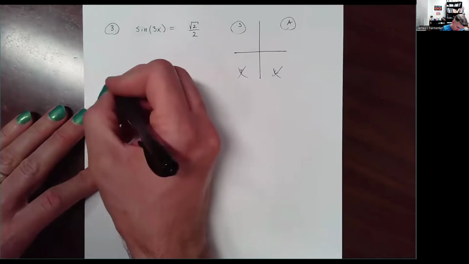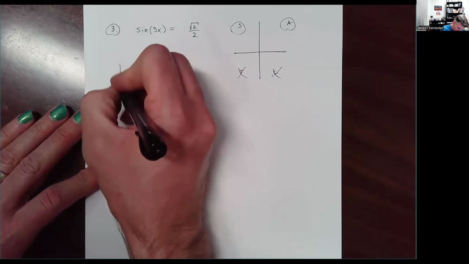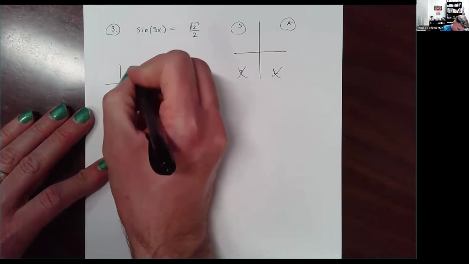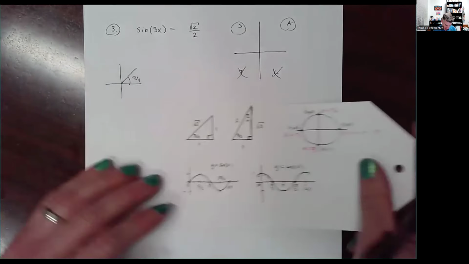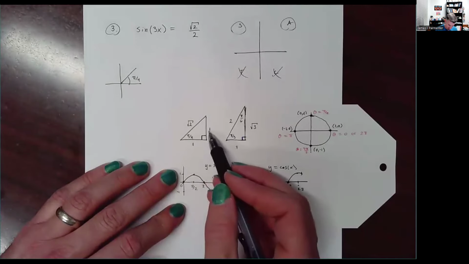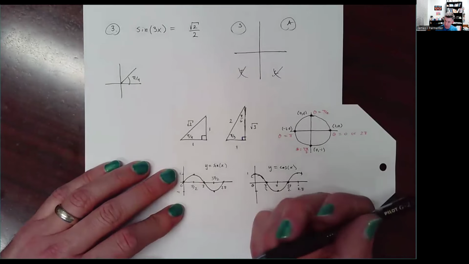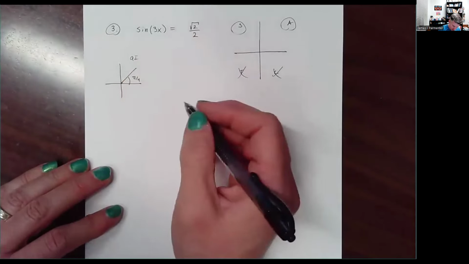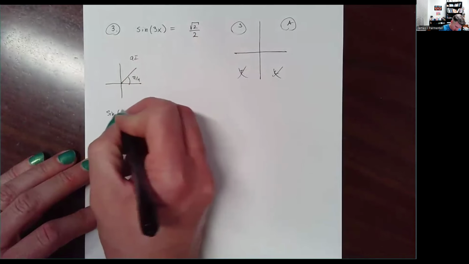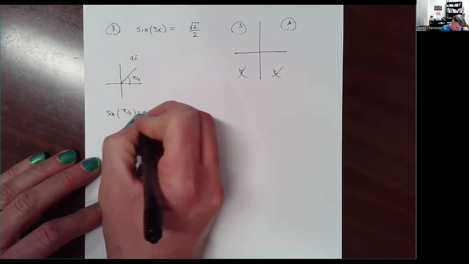So we know that sine in quadrant 1, pi over 4, right? If you look at our triangle here, sine of pi over 4 is 1 over √2, or √2 over 2. That's our quadrant 1 answer. So sine of pi over 4 is equal to √2 over 2.